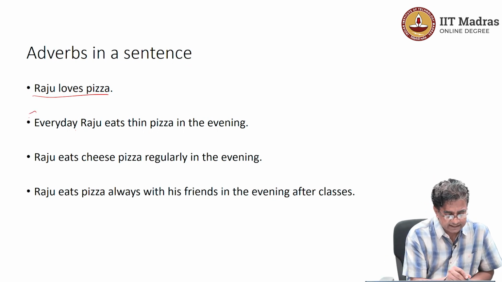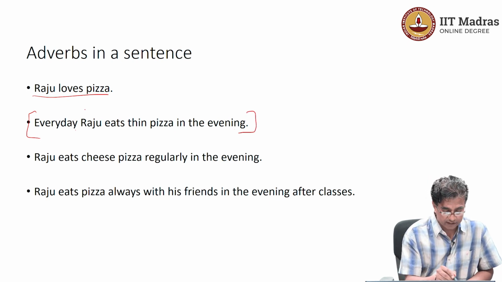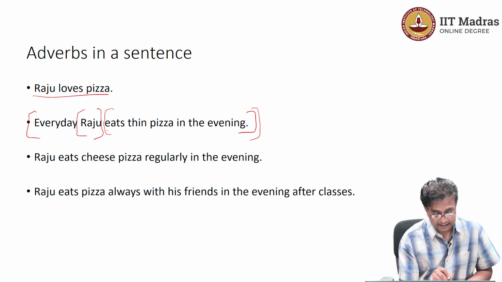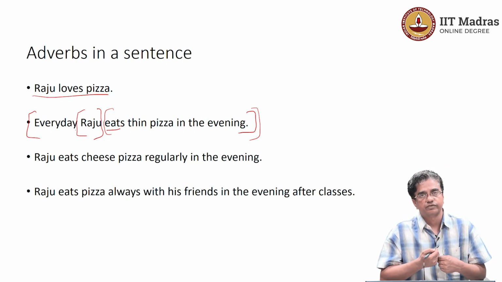What is a sentence? The whole thing is a sentence, of course. What is the subject of the sentence? This is Raju. What is the predicate of the sentence? This whole thing is the predicate. What is the verb in this predicate? Eats. Is it a transitive verb or an intransitive verb?